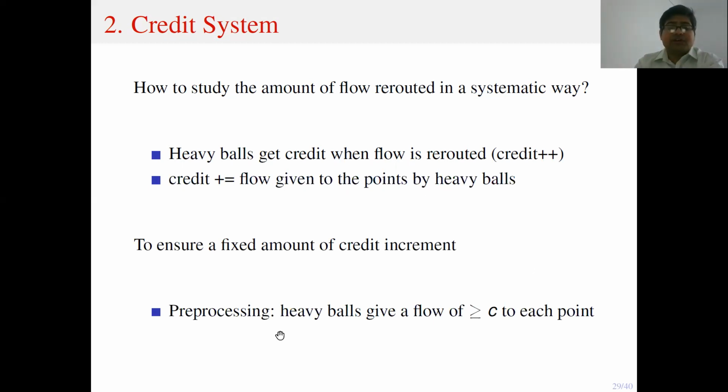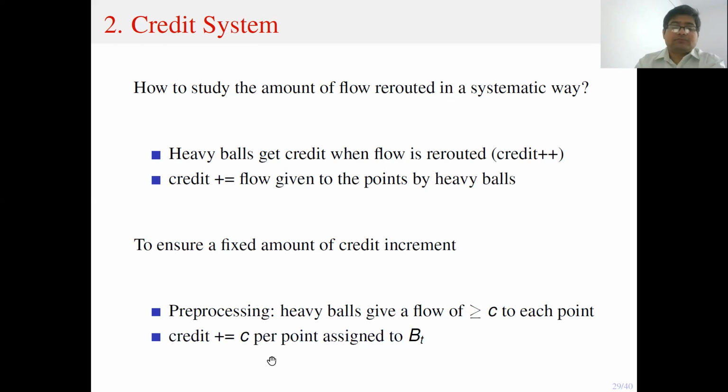And to make sure of that, what we do is we pre-process the LP solution to ensure that for each point, at least a constant C amount of flow is given to the point by the heavy balls. That means a light ball can give at most 1 minus C amount of flow to each point. And this ensures that when we reroute the flow from heavy balls to the light ball, then for each point, at least a constant amount of flow becomes rerouted.